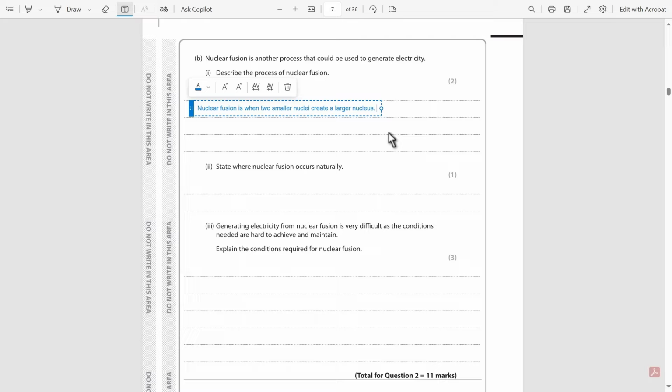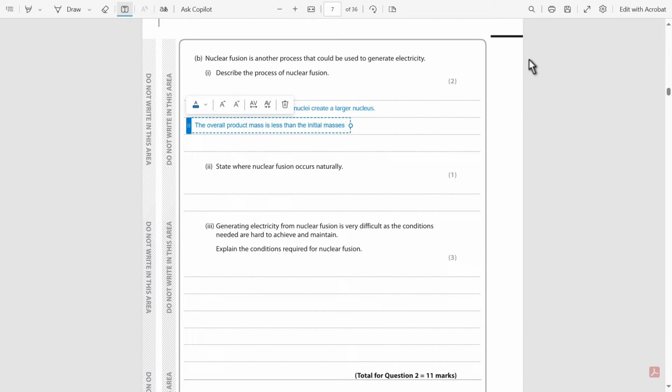The overall product mass is less than the initial mass of the original nuclei, the combined mass of the original nuclei.